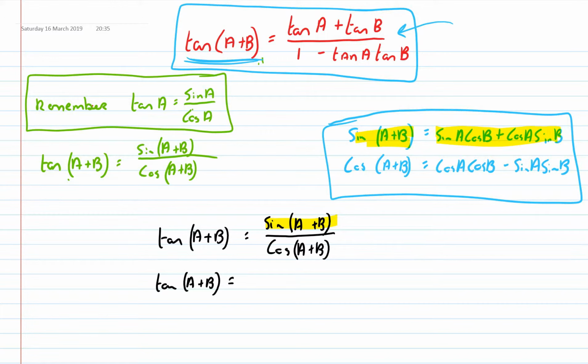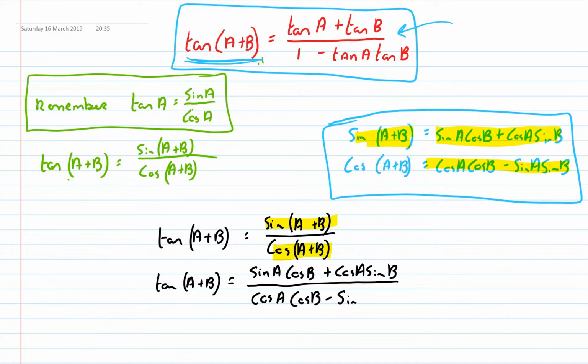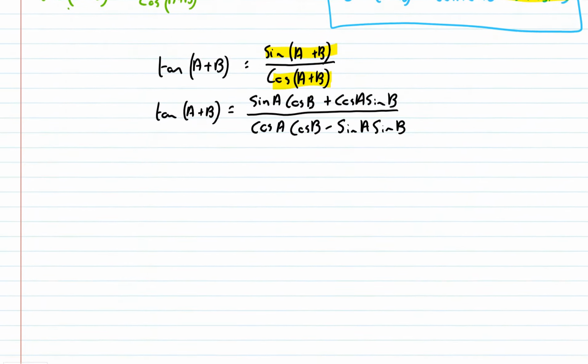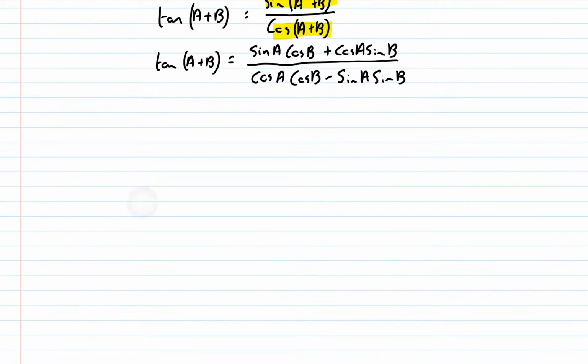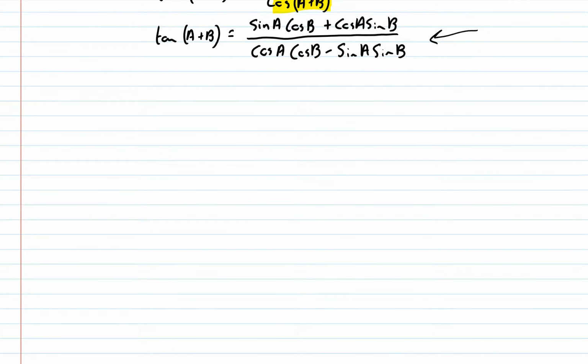So instead of saying sine(A + B), I'm going to write sine A cos B plus cos A sine B. And likewise, cos(A + B) is this, so I'd rewrite that as cos A cos B minus sine A sine B. Okay, so I'm going to rewrite this again, but I'm going to give myself a bit of space.